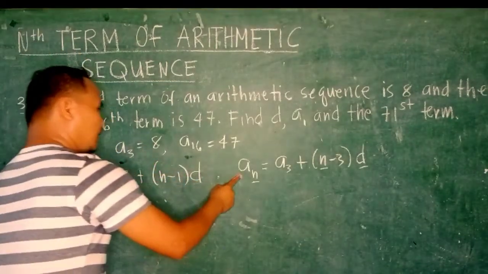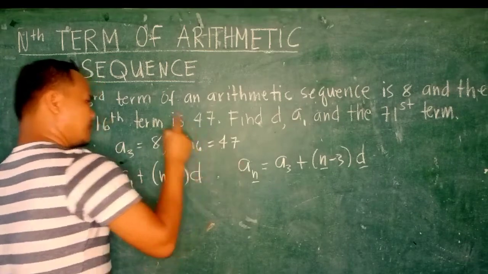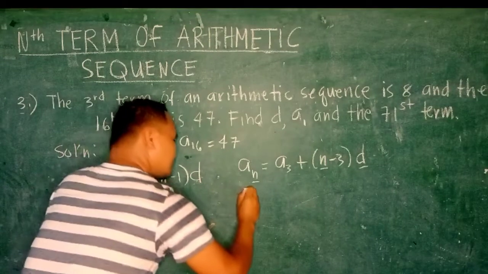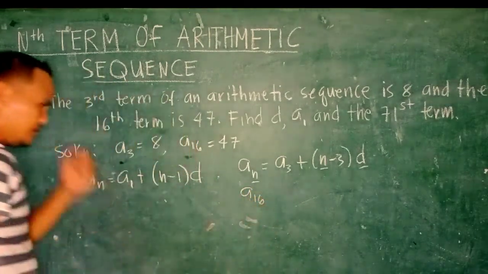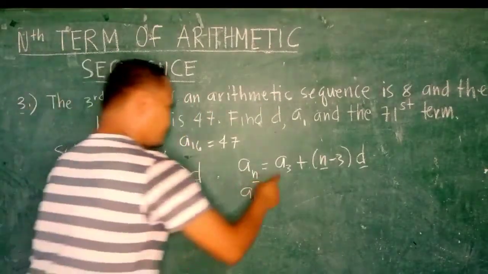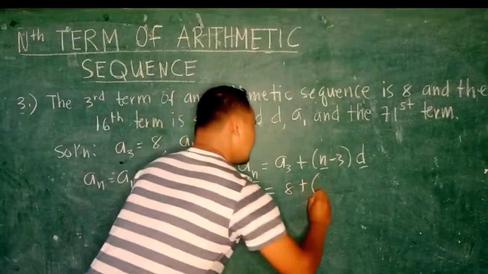So here, our last term is 16. So we can say, a sub 16 equals, third term is 8 plus, okay.